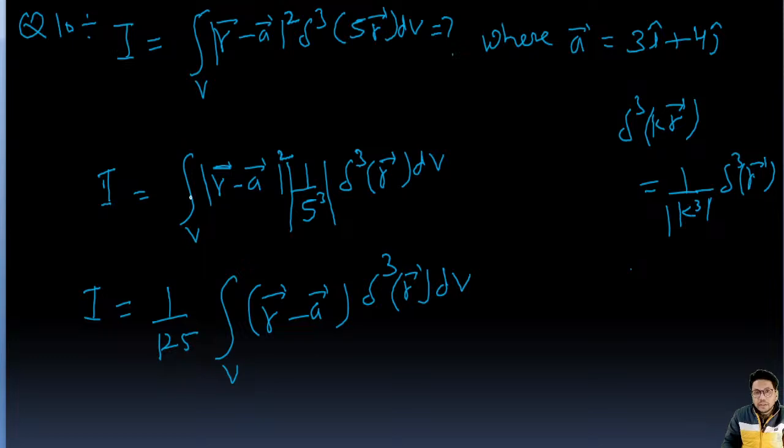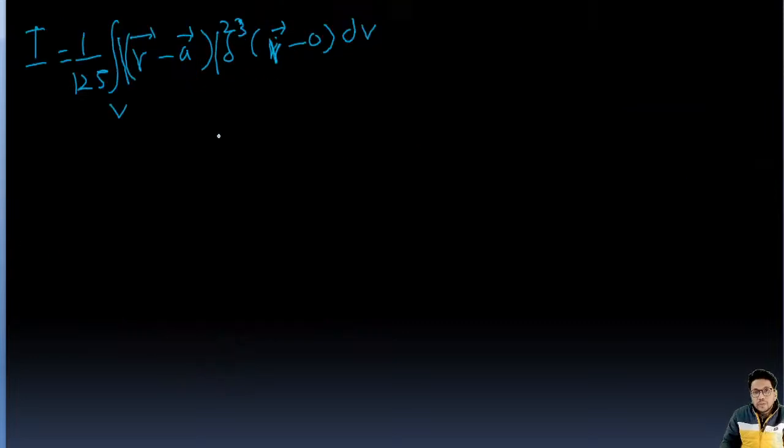Okay, this is mod square, and this is mod square. Okay, so this is going to be 1 upon 125.